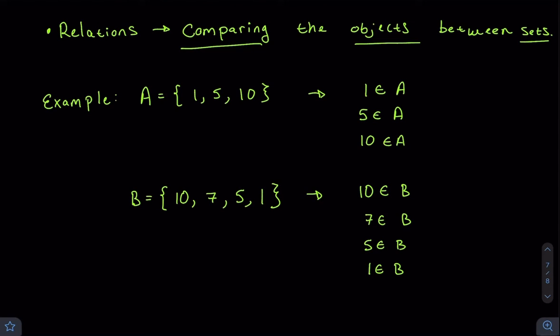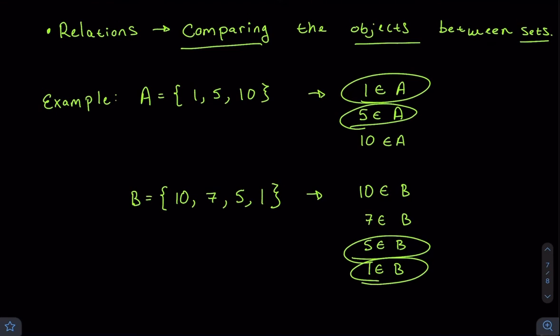So the first question is, what objects in set A are present in set B? Well, the object 1 is present in both, the object 5 is present in both, and the object 10 is present in both.